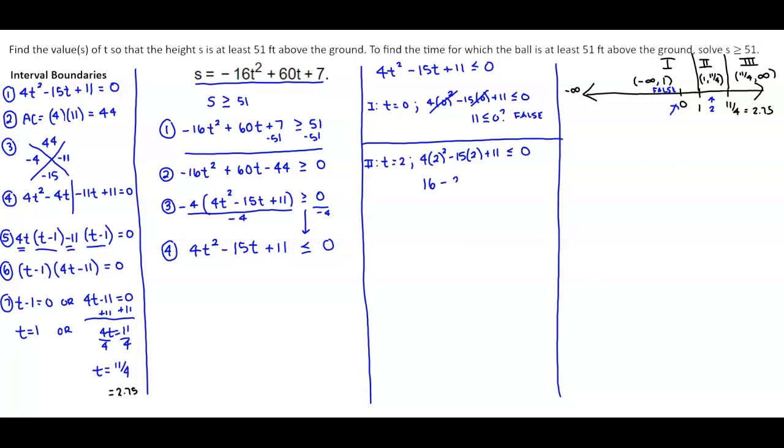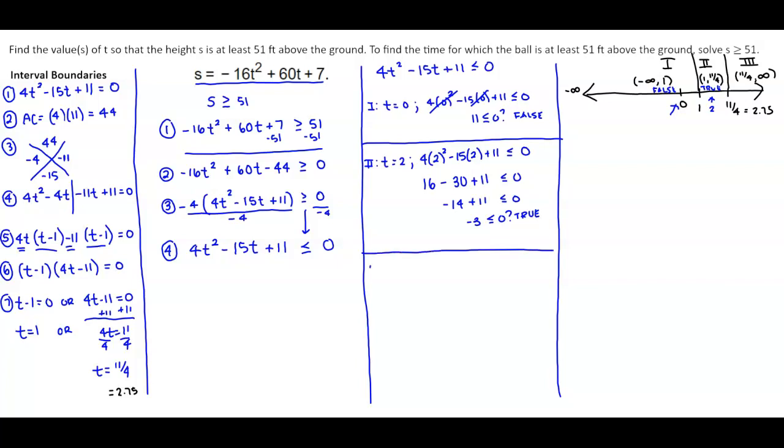Minus 15 times 2 is 30. And then plus 11. So 16 minus 30 is negative 14, and then plus 11. Negative 14 plus 11 is negative 3. And negative 3 is less than 0. So it's true for region number 2.